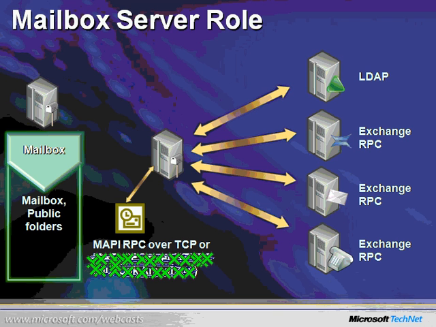So Outlook clients that are on the corporate network that connect for MAPI purposes will go directly to the mailbox server role. Right? It does not go through client access. However, any clients that are doing Outlook Anywhere will go through the client access. So if I look at this mailbox server role and the different communications that it has with different entities within my infrastructure, there's of course going to be communication here with my directory services.